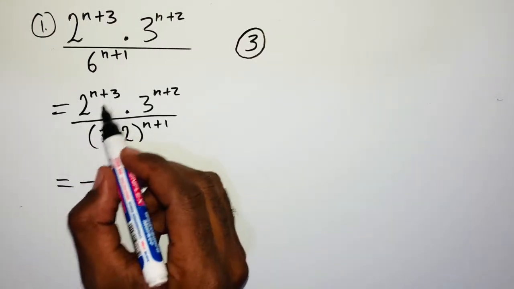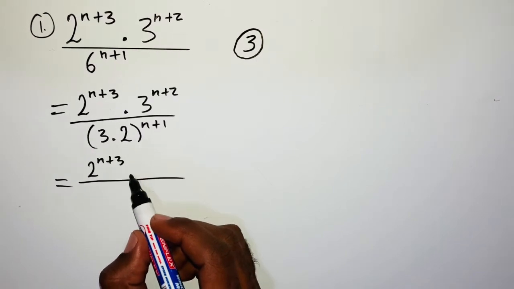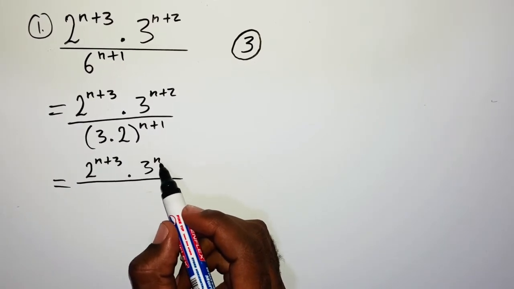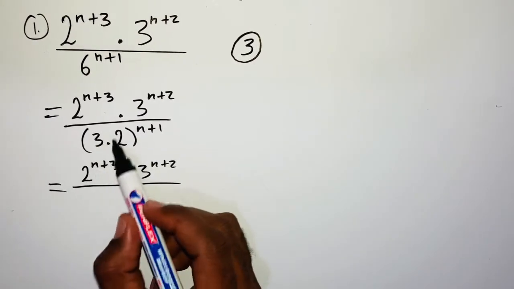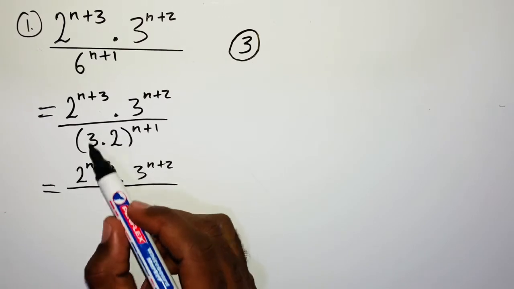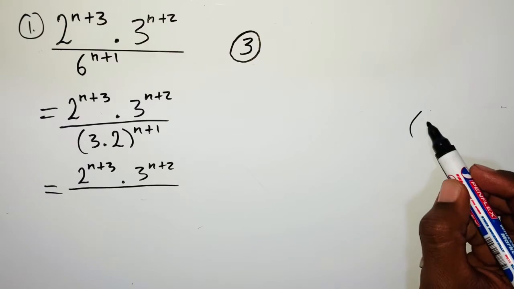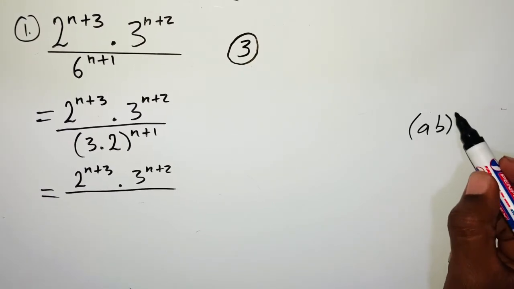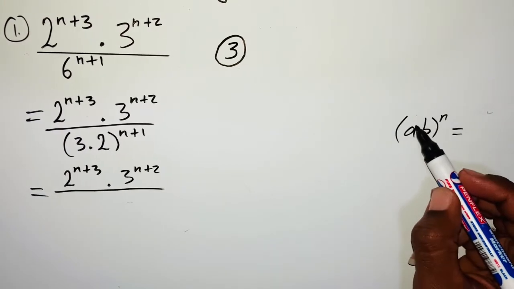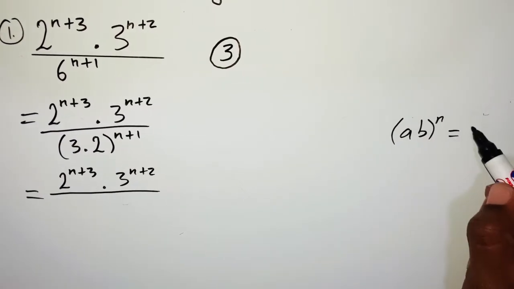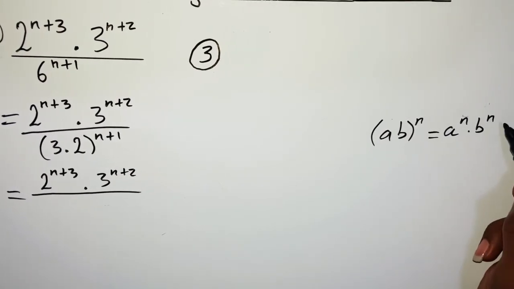For this denominator, we'll have to use the law (ab) to the n, which means this n is for both the exponent of a and b, which will give us a to the n times b to the n.